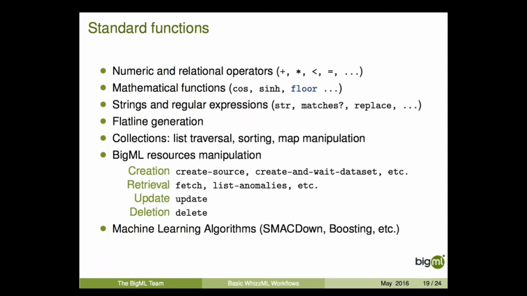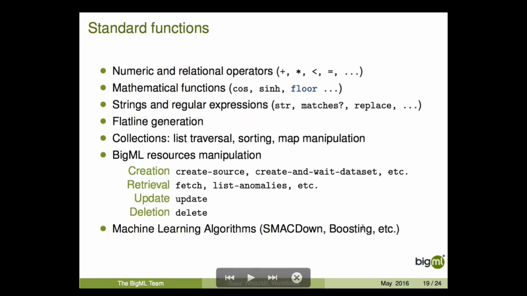For any resource that you can create with the API, there's a corresponding WhizzML function that allows you to do it in a single function call in WhizzML. So there's things like create source, create dataset, create batch centroid, create clustering, and so on and so forth. You can create any of those resource types in WhizzML with a single function call.